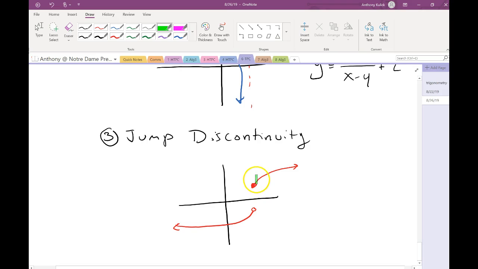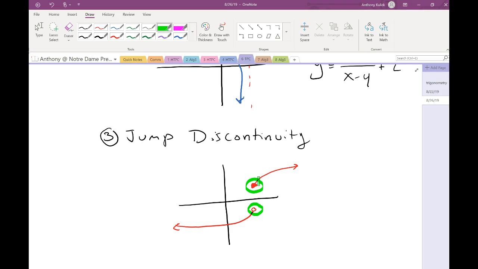So notice here that at one location I have an open circle, and the other location I have a closed circle. Everybody can see that? Does it matter in calling it a jump discontinuity which one of them is open and closed? No. Everybody okay with that idea? Does it matter if they're both open?